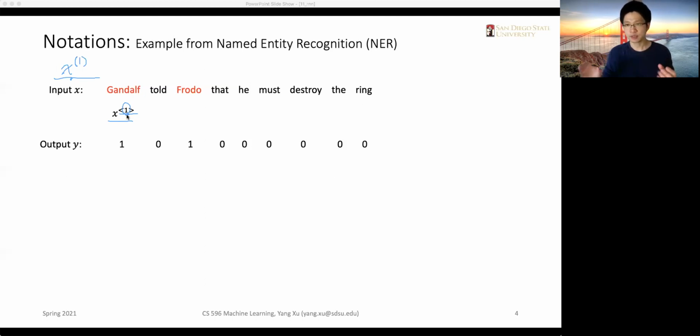Okay, the inputs consist of several time steps. All right, so that is the input, which refers to the word Gandalf. That will be the first input. And the second and the third will be x<2>, x<3>, right, accordingly, until we reach the end of the sentence. And the last word, ring, will be the input at the 9th step. Okay, so far no problem, right?